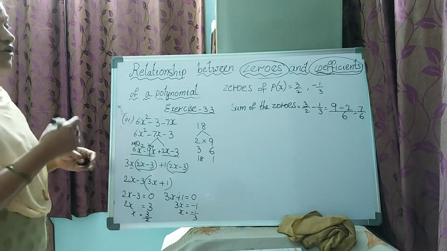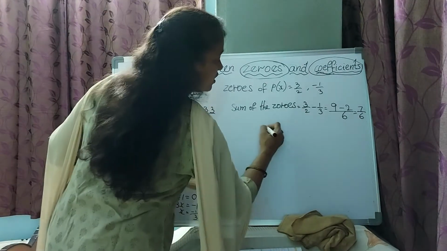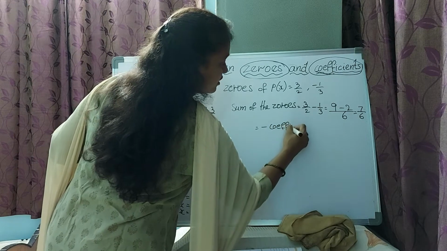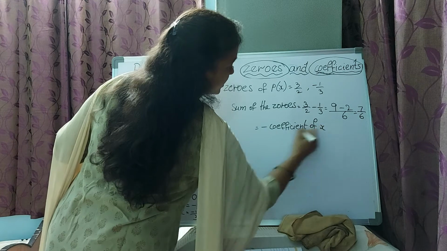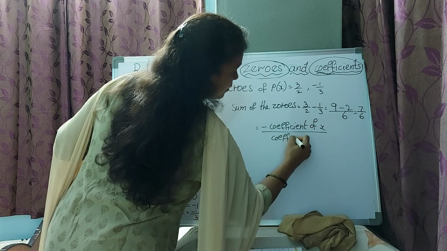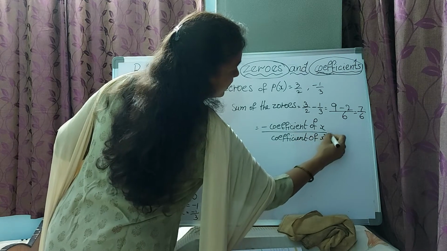Now we'll verify with the coefficients of the polynomial. What is the formula for this one? Minus coefficient of x by coefficient of x square.